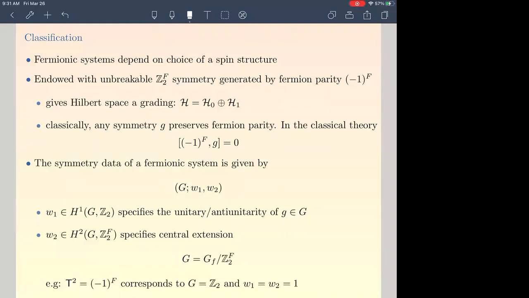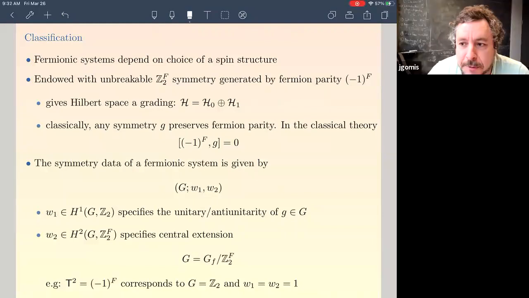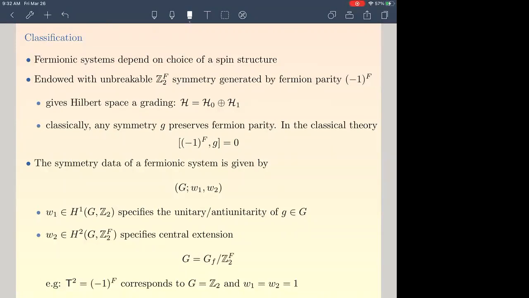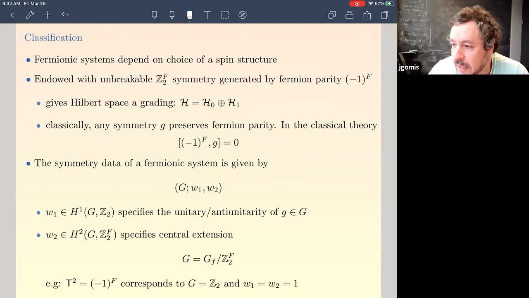So actually, in this system, you sum over all possible spin structures. And if you sum over all possible spin structures, it means that the system is bosonic. It's like doing bosonization. So even though naively it looks like there's a fundamental fermionic field in the system, the actual system does not depend on the spin structure. Another way of saying it is that if you write down all local gauge invariant operators in your system, they're all bosonic.